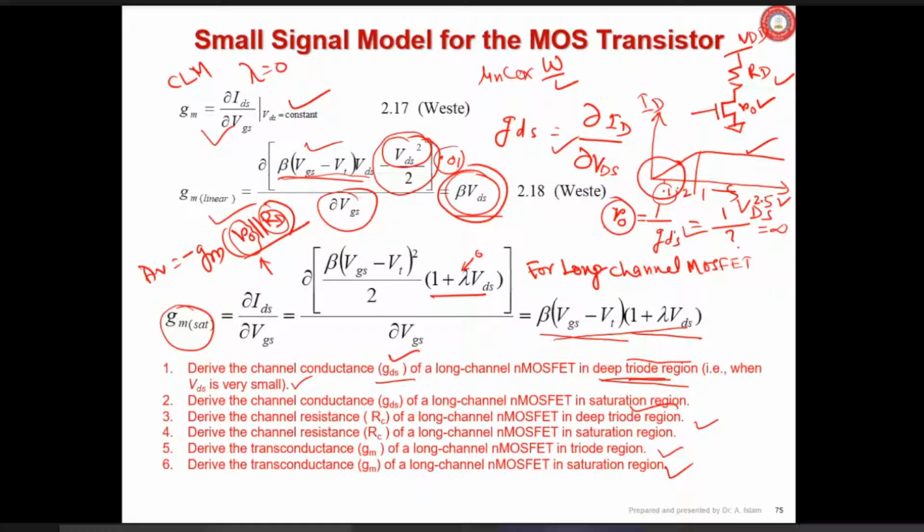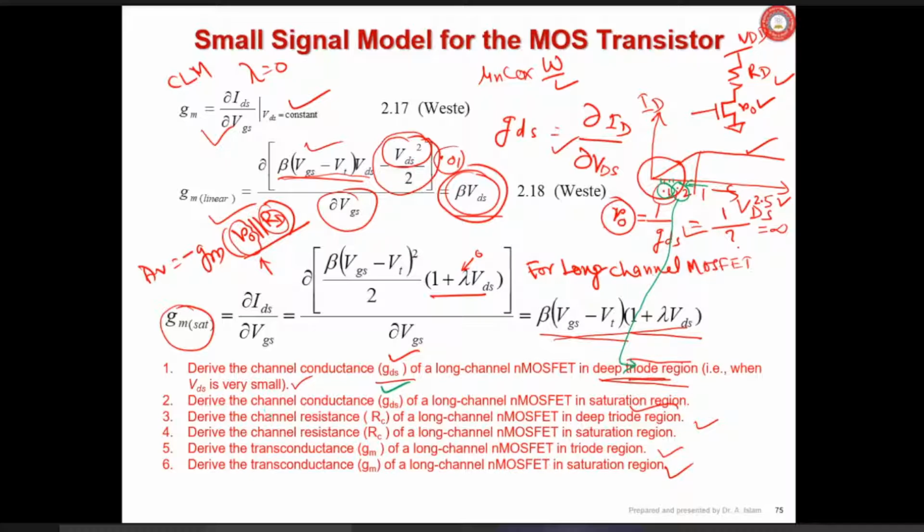If you decrease the VDS in this direction, you are going to enter the deep triode region, that is, say, 0.1 volt, 0.2 volt. These are the VDS values on the x-axis. These values we call the deep triode region. So in the deep triode region, how are you going to calculate the GDS?